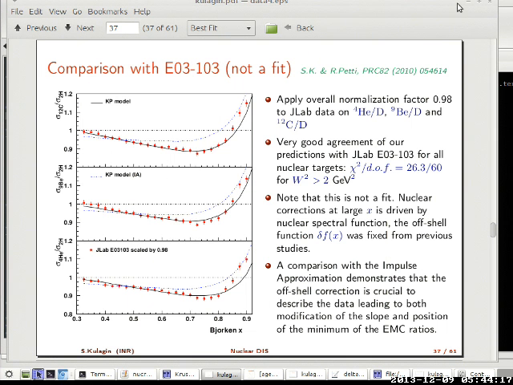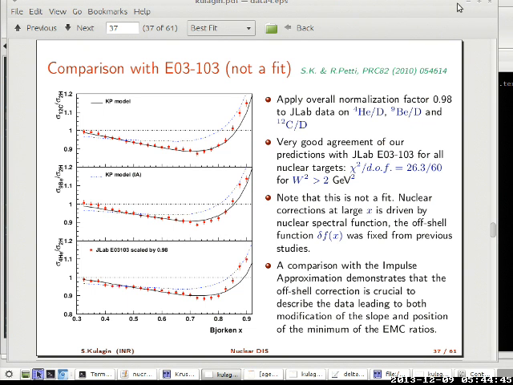So let me show the comparison with recent JLab data. It's not a fit, it's a calculation for the JLab kinematics in two different approximations. Here are three different nuclei: carbon, beryllium, and helium-4.